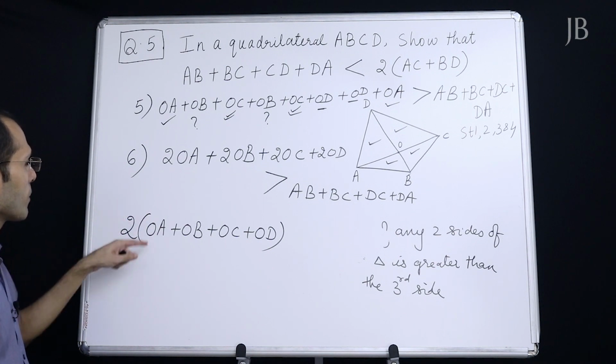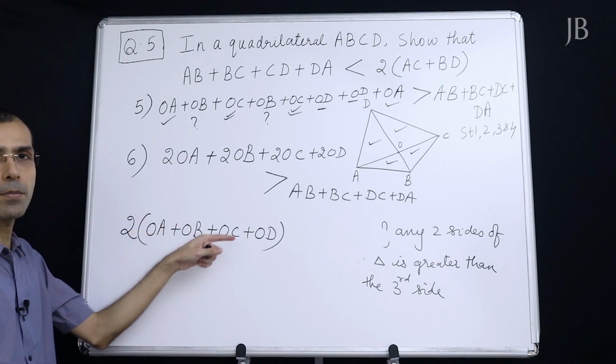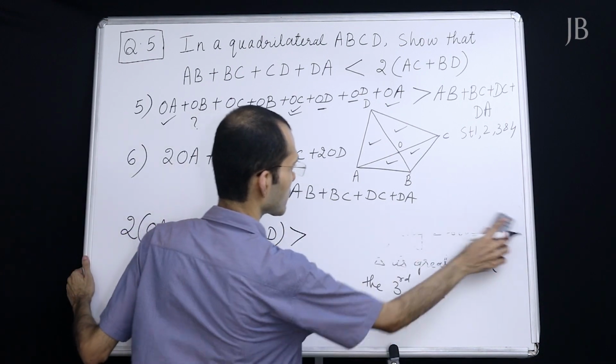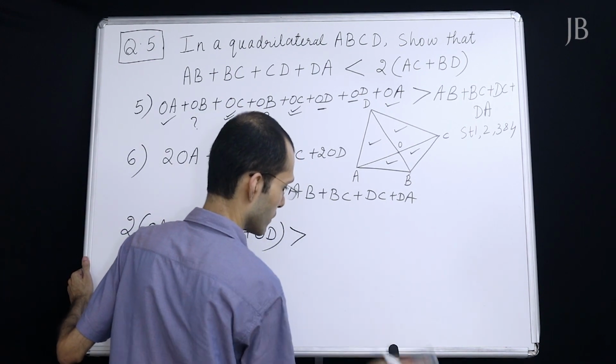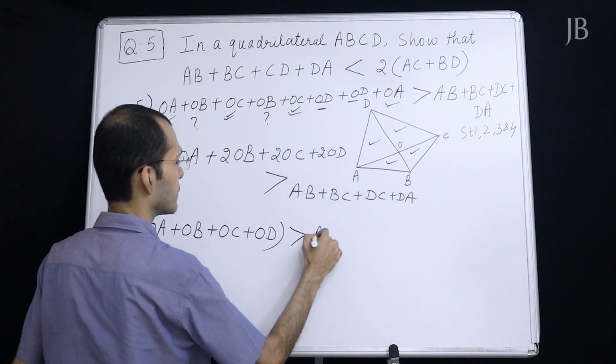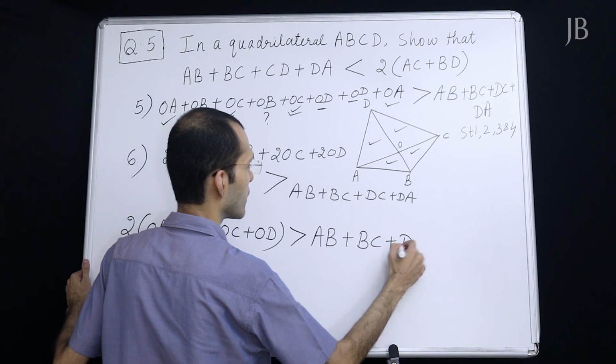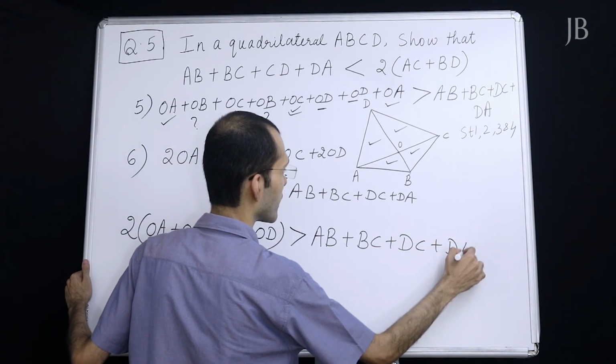We can take 2 common. 2 times OA plus OB plus OC plus OD will be greater than AB plus BC plus DC plus DA.